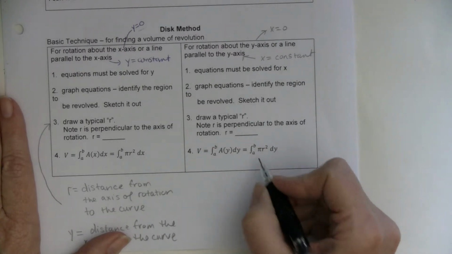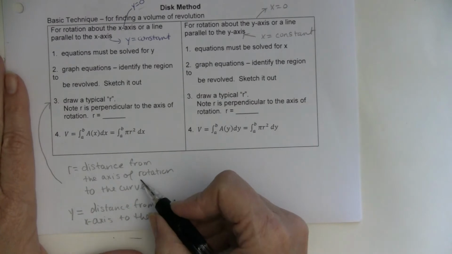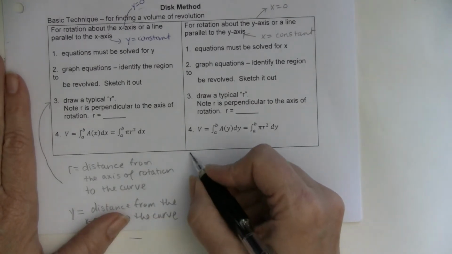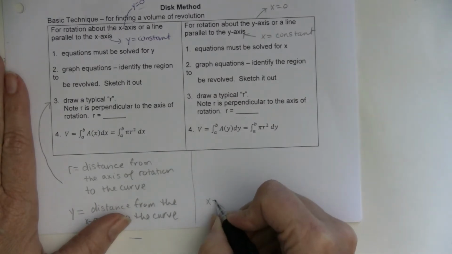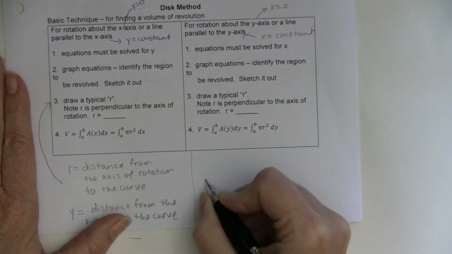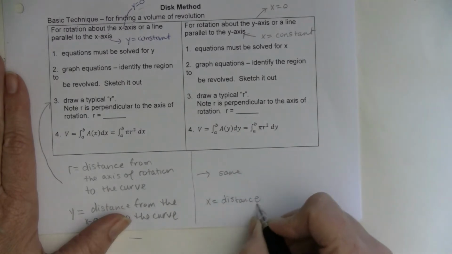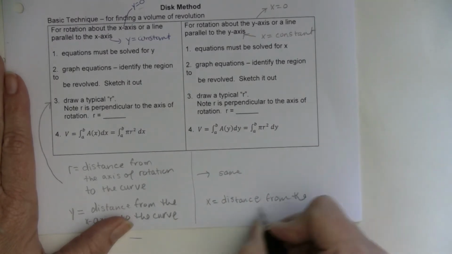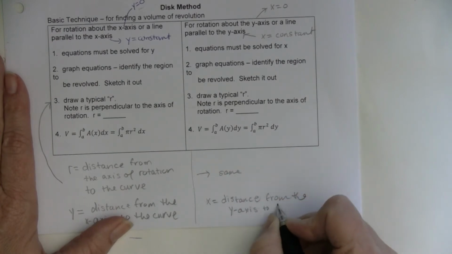And our area is pi r squared. Now here, r is still the distance from the axis of rotation to the curve. But because we're going around a different axis, we're going to be interested in x. And x is the distance from the y-axis to the curve.